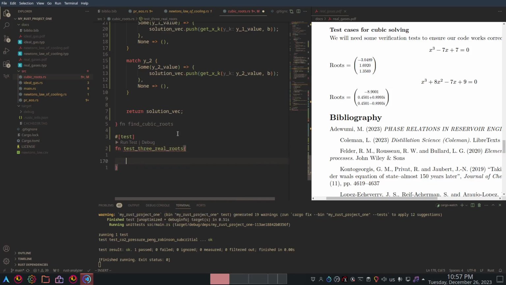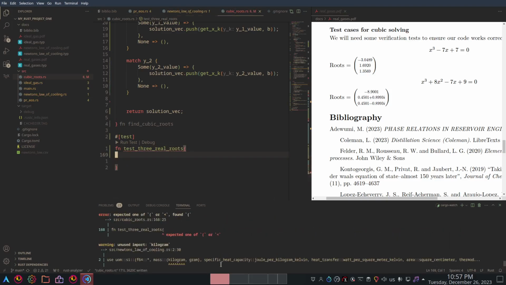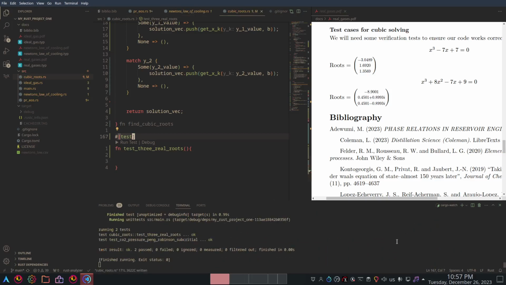Let's have a 3 real roots test. Okay, it is not running because I forgot to add my brackets. Yeah, it's too late at night. Okay, so here's the 3 real roots one. Cubic roots test 3 real roots. Yes, so this is this test right here.